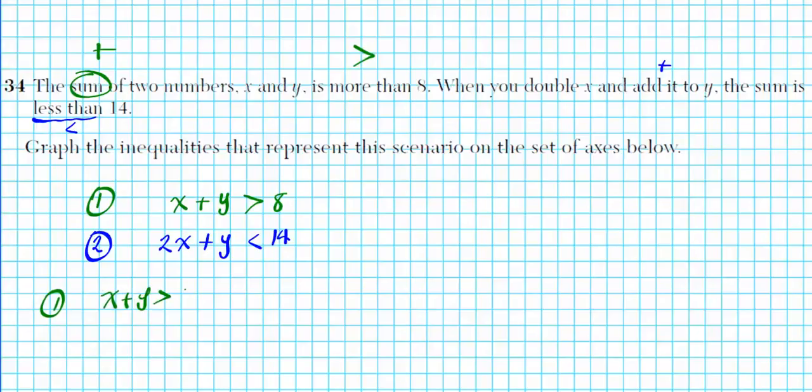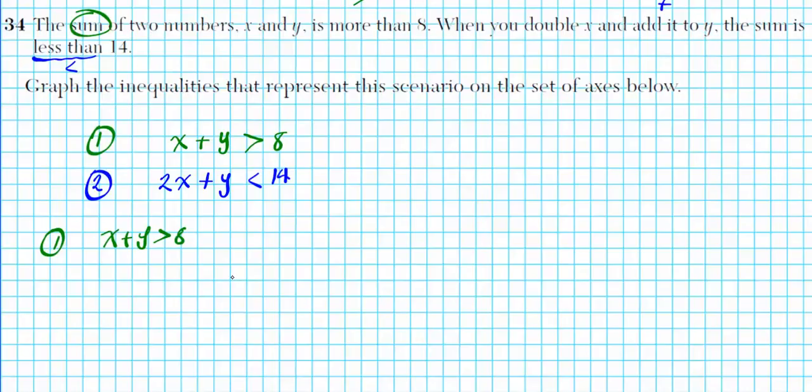Now, when you're graphing linear inequalities, you always want to put it in slope-intercept form because it helps you determine the right direction to shade. So let's go ahead and do that. We want to get y by itself. So we subtract x from both sides, and that yields y is greater than negative x plus 8.